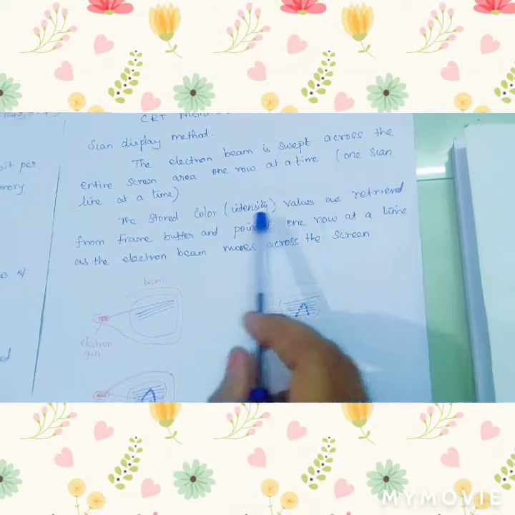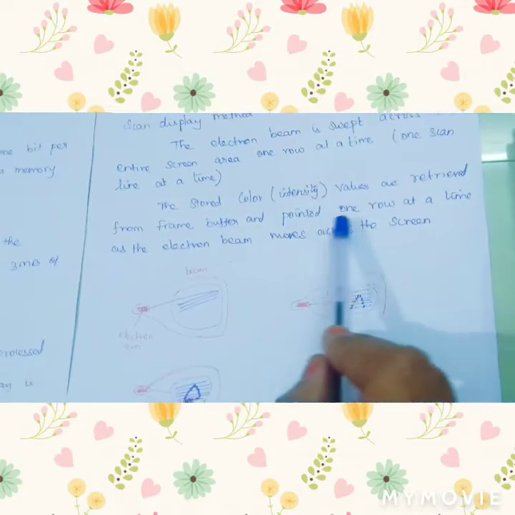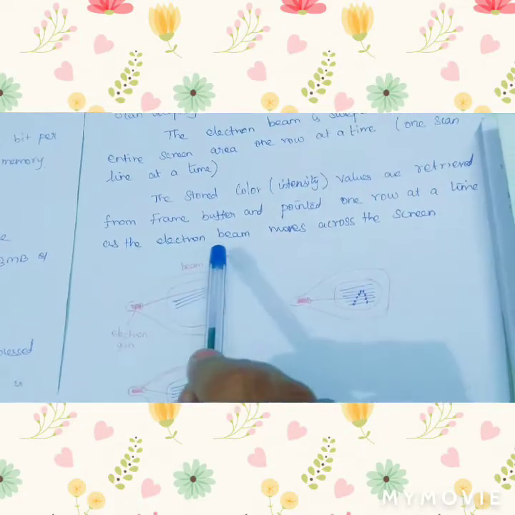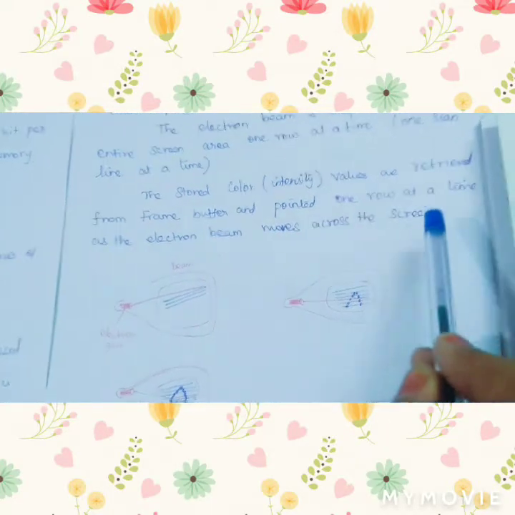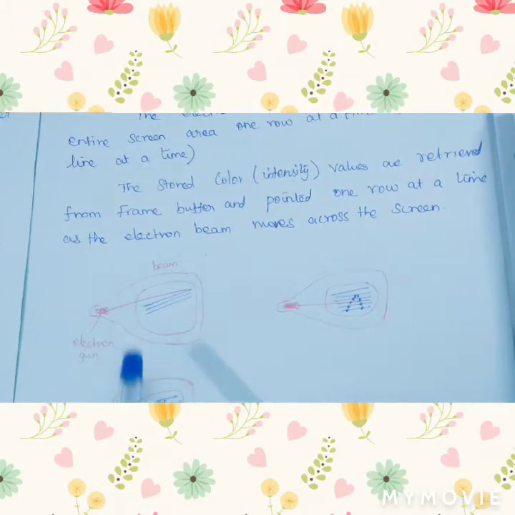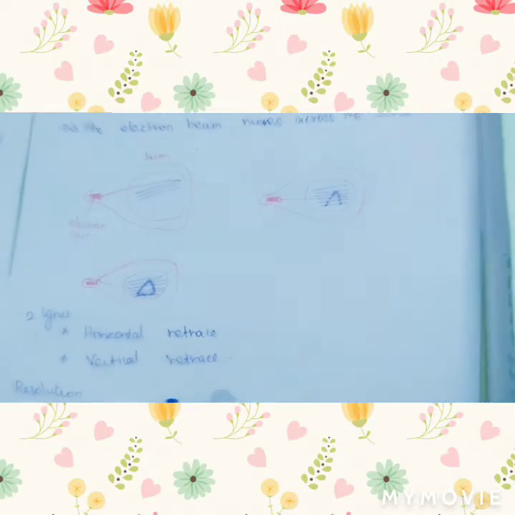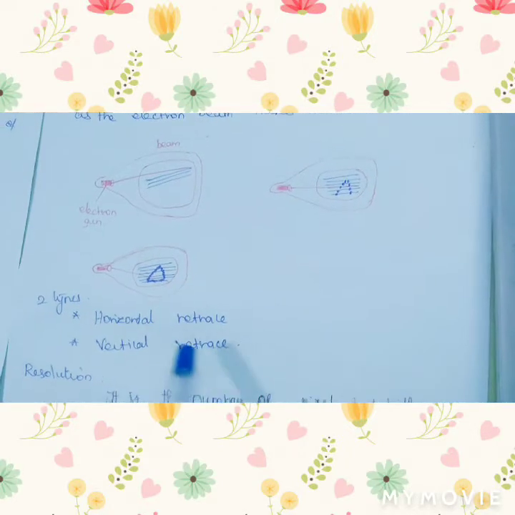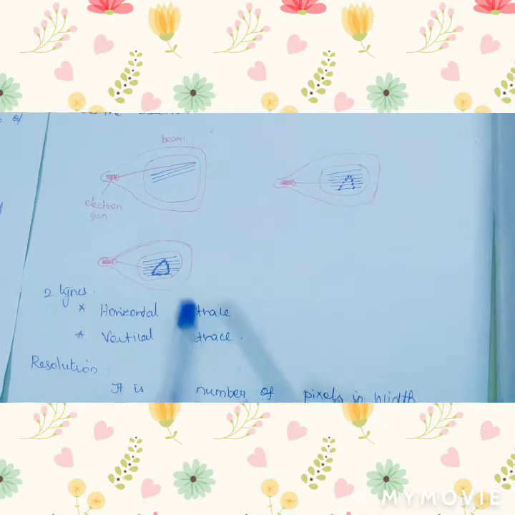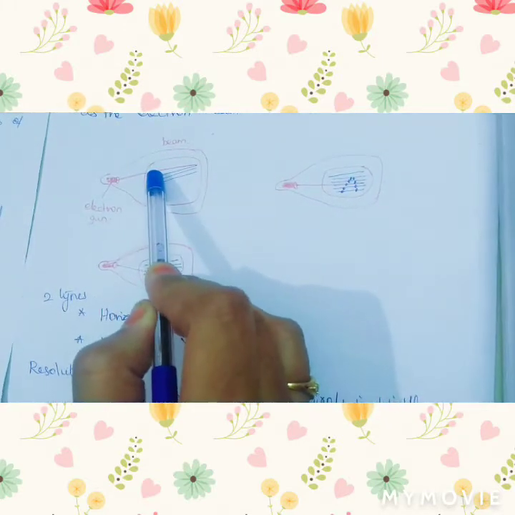The stored color values are retrieved from the frame buffer and painted one row at a time as the electron beam moves across the screen. Generally, there are two types of retrace in raster scan displays: horizontal retrace and vertical retrace, right? Horizontal retrace is where the beam starts from the left corner.